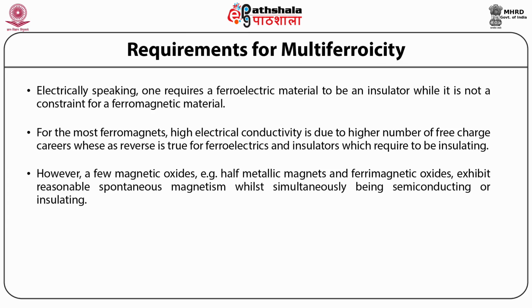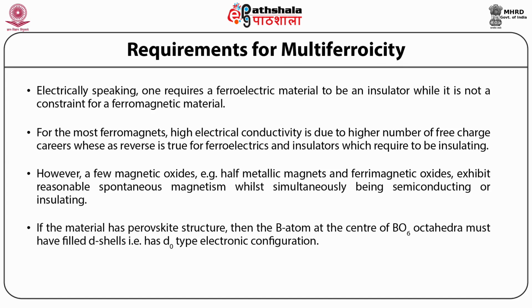or insulating. As far as the chemistry of the material is concerned, most ferroelectrics require ions whose shells are filled. If the material has a perovskite structure, then the B atom at the center of the BO6 octahedra must have filled d shells, that is, a d0 type electronic configuration.